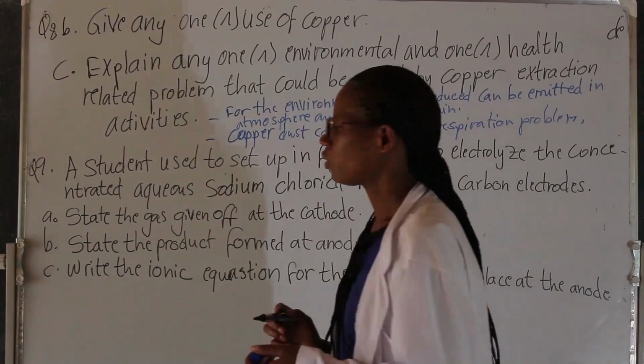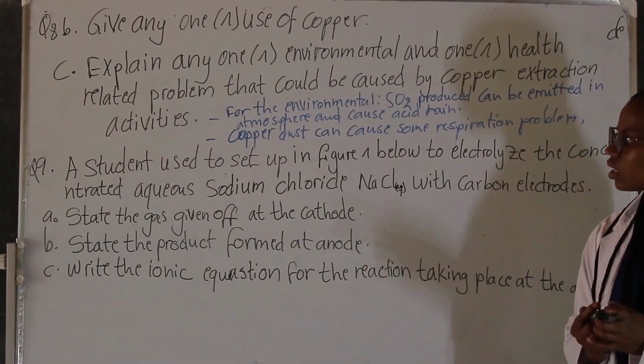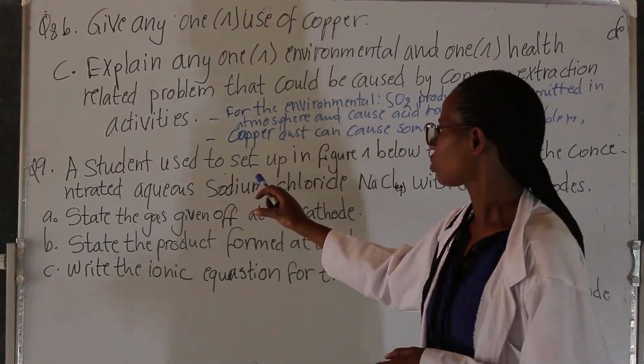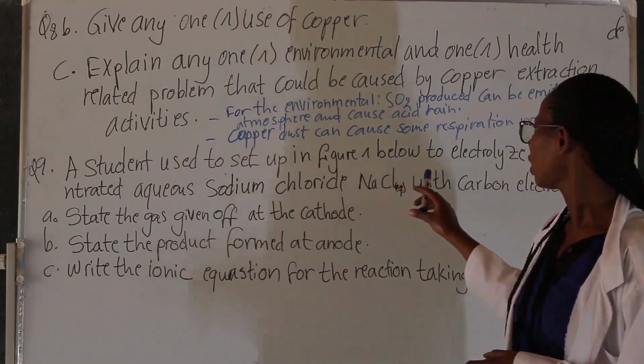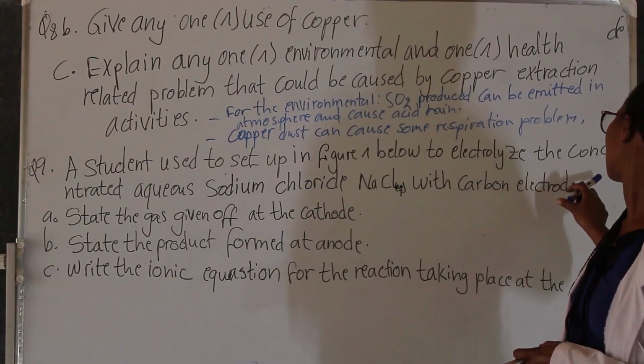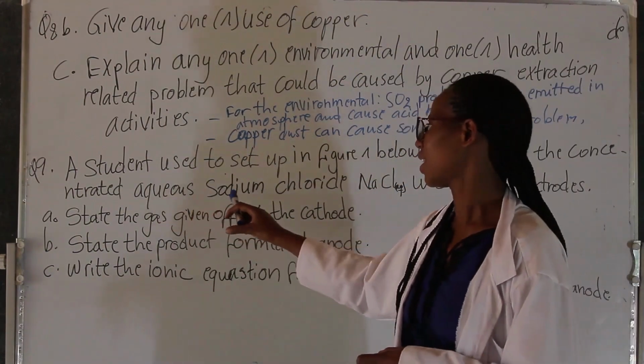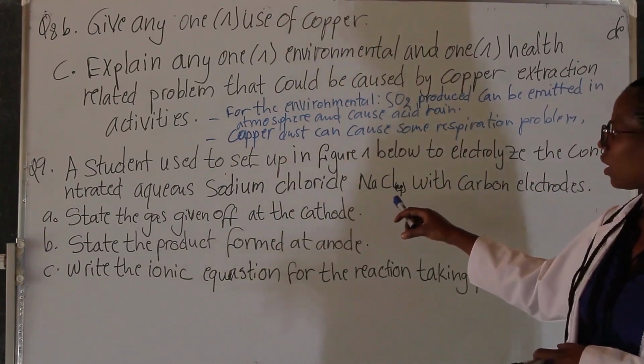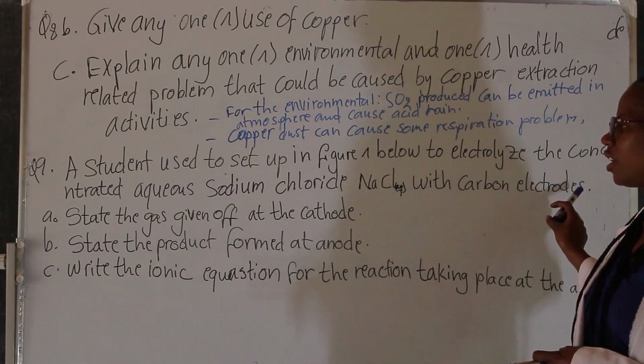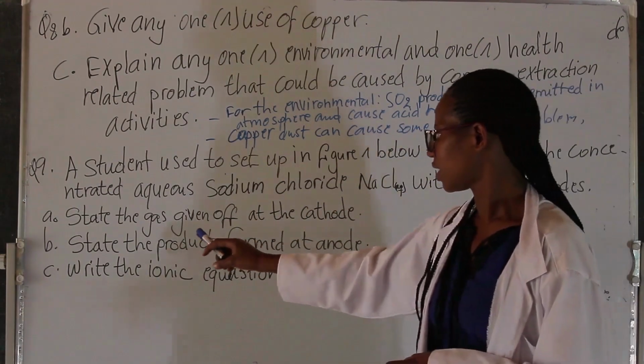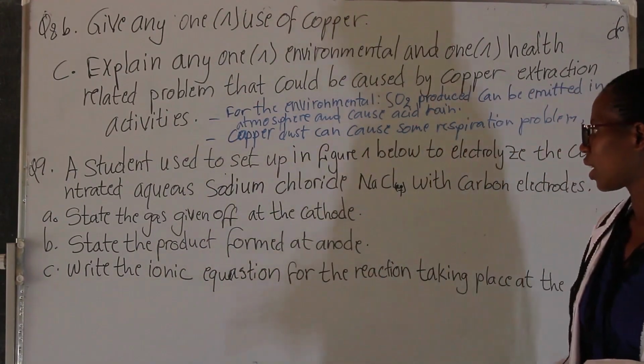Okay, let's move to question number 9. A student used the set up in figure 1 below to electrolyze the concentrated aqueous sodium chloride with carbon electrodes. State the gas given off at the cathode.